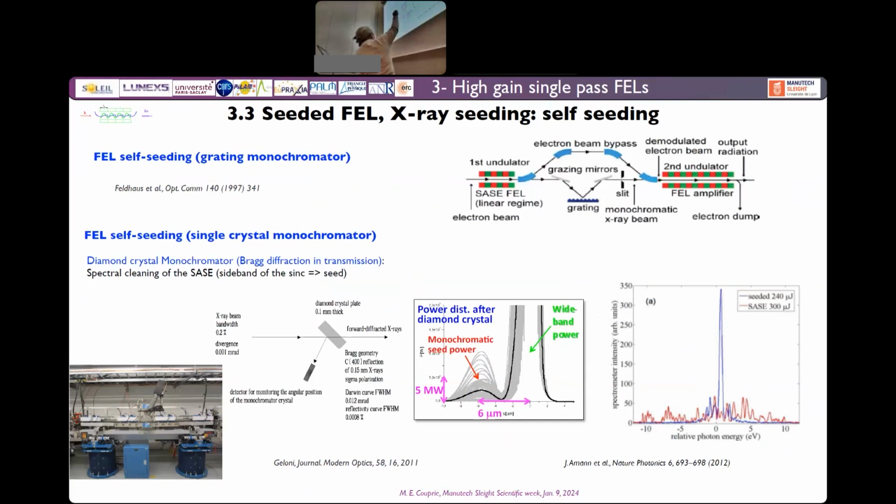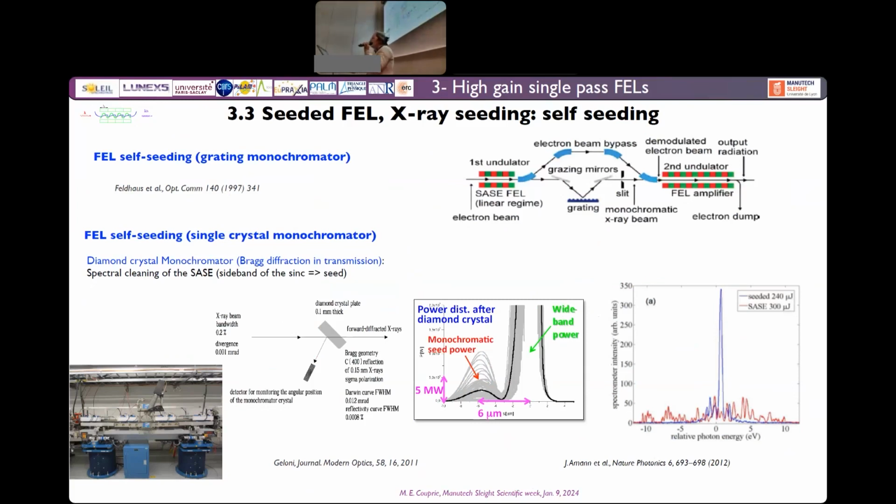Then the idea is to clean this SASE with a grating monochromator and make a nice pulse, while the electrons are deviated in a magnetic chicane, so some dipoles, and then both are sent again into a new series of undulators with a clean seed.